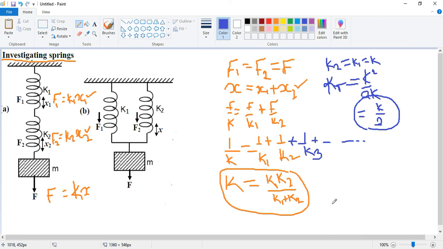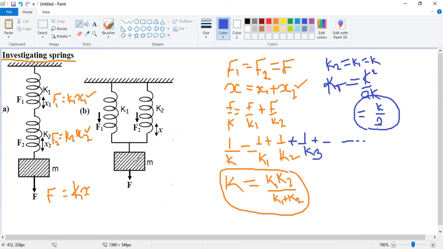Now suppose the springs are now in parallel. For example, in example B, if the springs are in parallel, remember I said they share the load, so that is why you see the extension is very small, because they share the load, so that the tension experienced by one spring plus the tension experienced by the other spring is equal to the load.